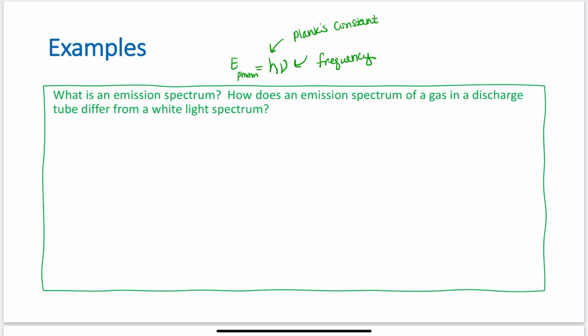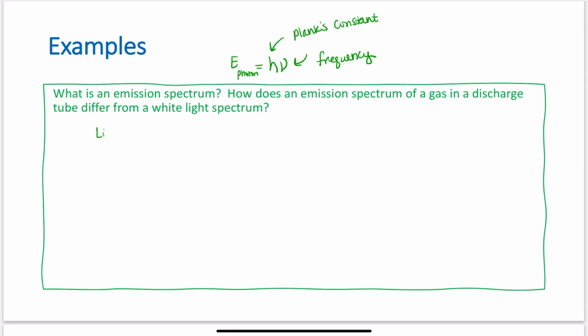So the light is released when an electron releases that photon and goes from the excited state to that ground state.